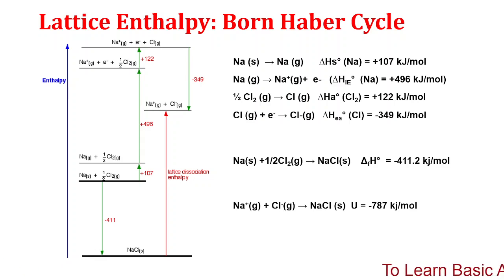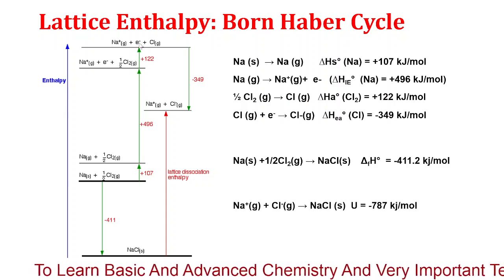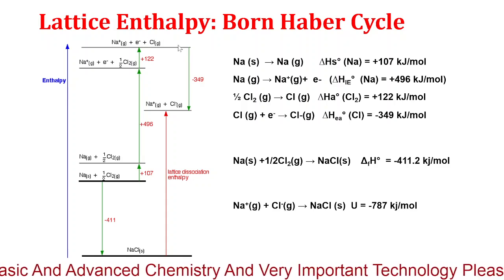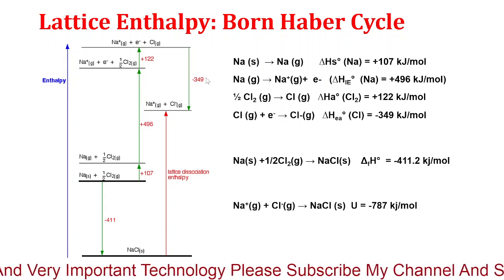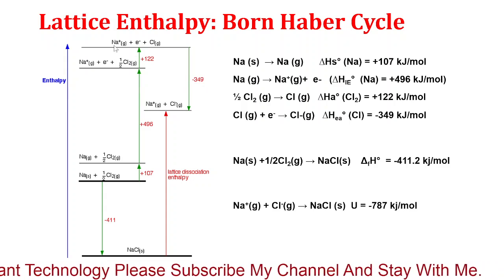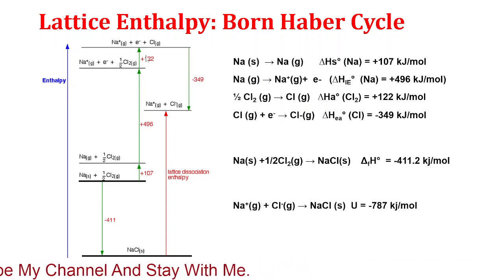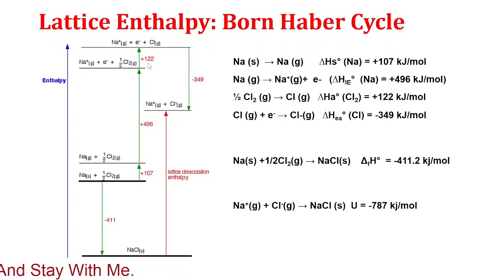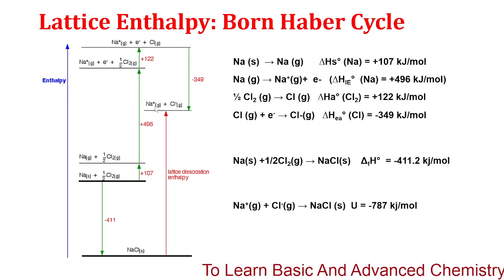So when it becomes stable by gaining one electron, it becomes more stable by losing 349 kilojoule per mole of energy. Therefore that was our maximum energy that we have added from here to here, 107 plus 496 plus 122. This is our energy scale. So now it becomes sodium plus and chloride minus, therefore it is releasing this energy, 349 kilojoule.